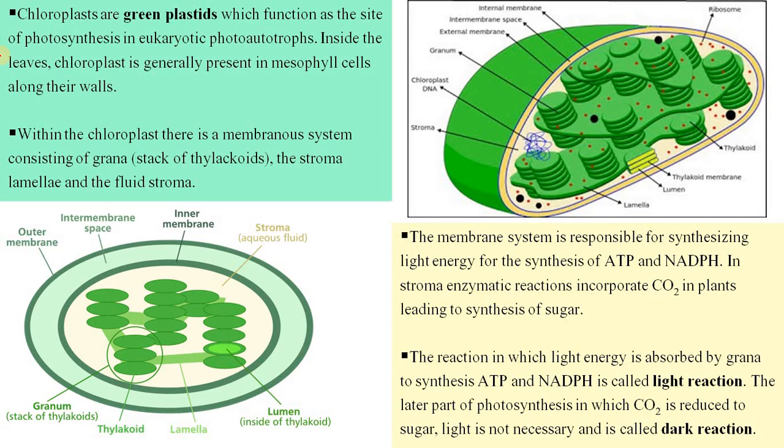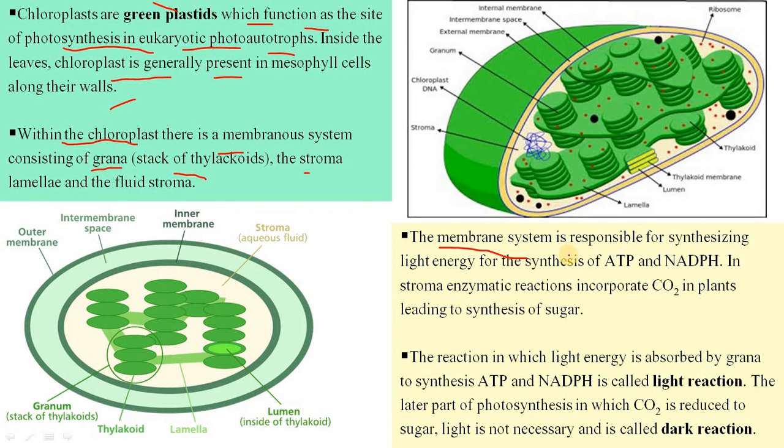Coming to the details, chloroplasts are the green plastids which function as the site of photosynthesis in eukaryotic photoautotrophs. Inside the leaves, the chloroplast is generally present in the mesophyll cells along the walls. Within the chloroplast, there is a membranous system consisting of grana, the stacks of thylakoids, the stroma lamellae, and the fluid stroma.